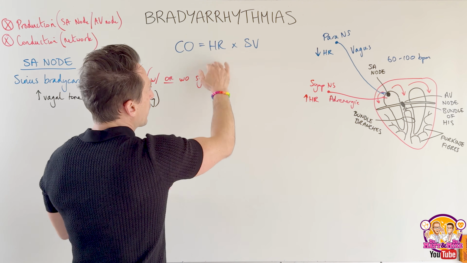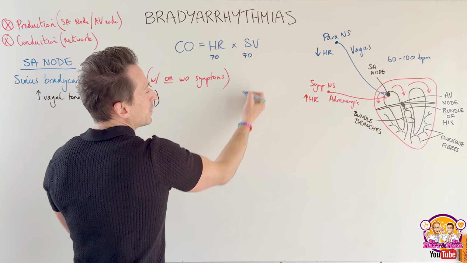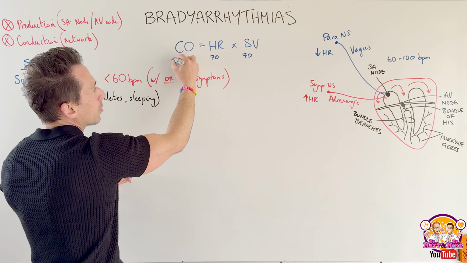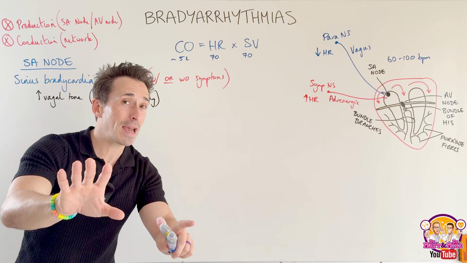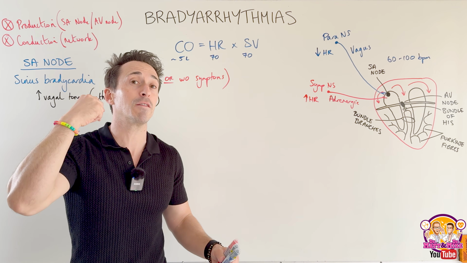So if that's around about 70 beats per minute and that's around about 70 mils, that ends up being around about 5 liters-ish, right? So you need to pump out about 5 liters per minute at rest in order to make sure that all the tissues of your body are adequately being fed.